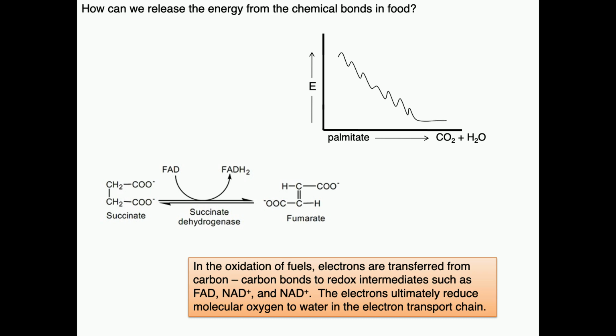take the potential energy of each step and capture it to do useful work, either mechanical work or biosynthetic work or transport work or what have you. As an example of this, we're taking electrons that are shared between two carbons, making carbon-carbon double bonds or carbon-oxygen bonds, and then transferring those electrons to redox cofactors that we can then oxidize on the electron transport chain and use that to make ATP.